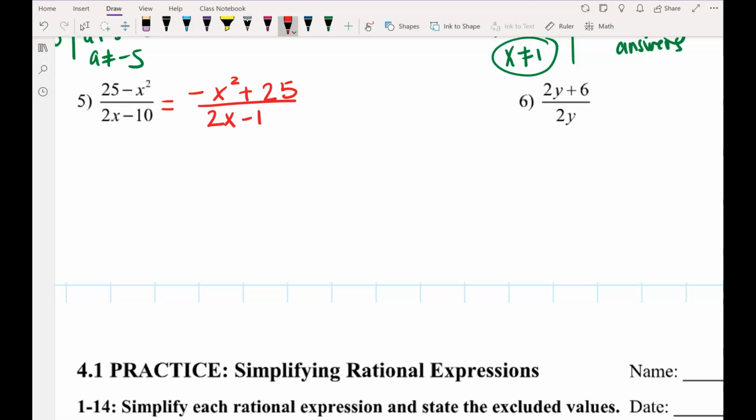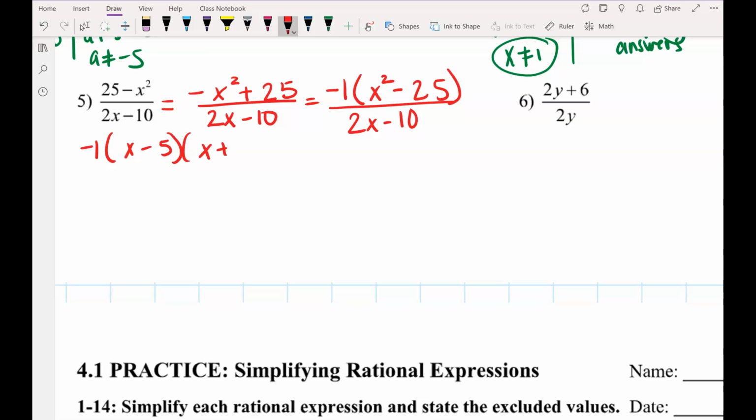On the bottom, I keep it as is. This allows me to factor the negative out in front. Then I'm left with x squared minus 25, which is the difference of 2 squares. I will factor it: x minus 5 times x plus 5. And again, the negative 1 is still in the front.